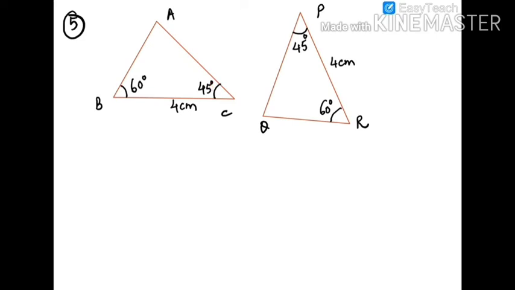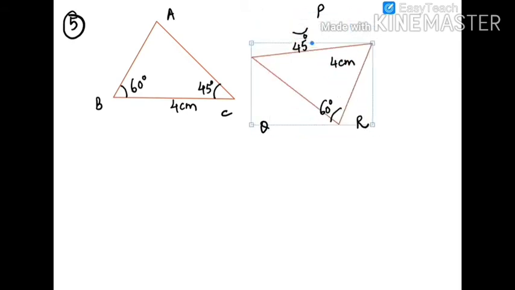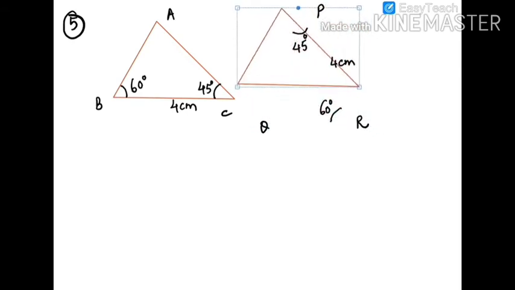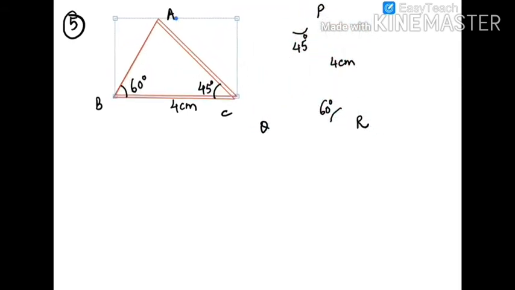To know if these two triangles are congruent or not, we will overlap them. So on overlapping, we see that the two triangles completely coincide with each other.